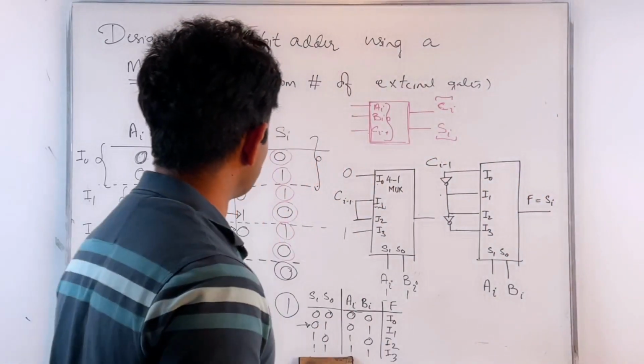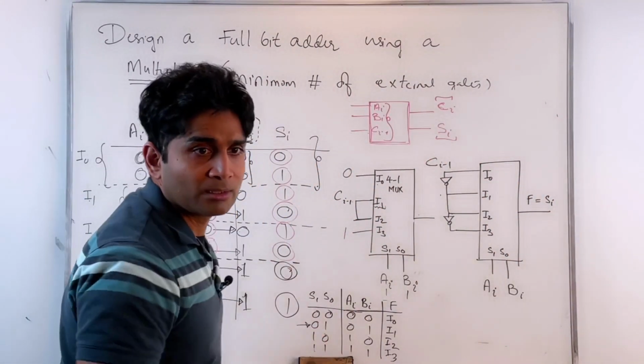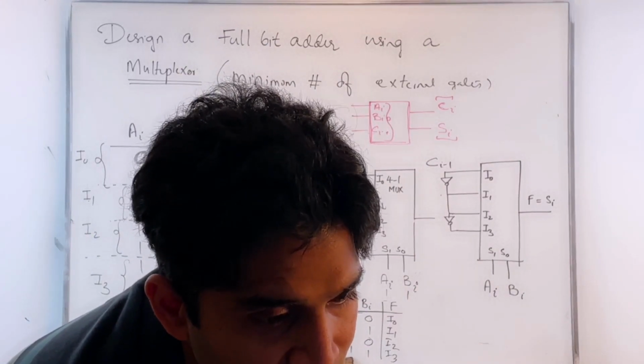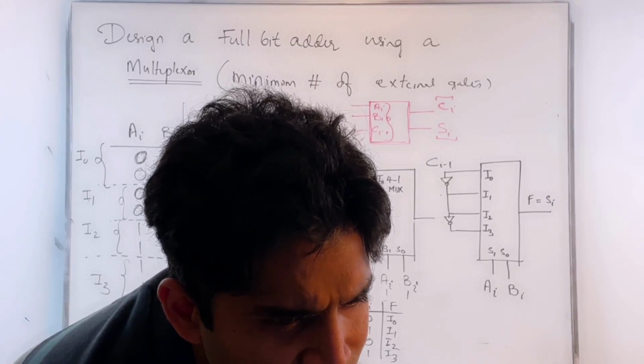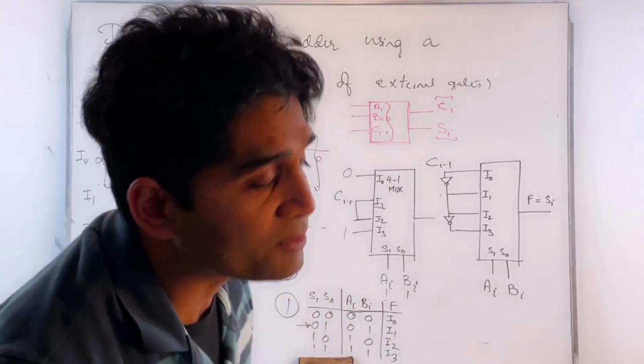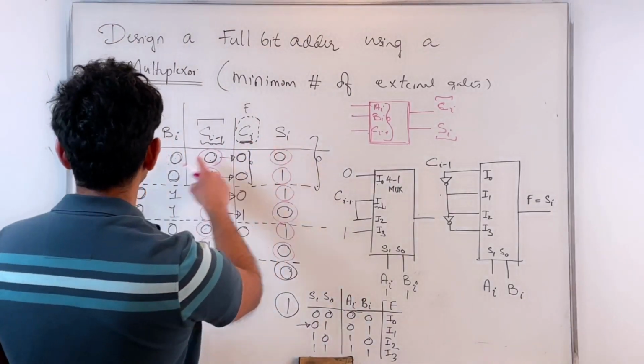Yeah, sure. I1 again for Ci minus 1. Okay, so the question was, I1 again for Ci. Okay, Ci, I1.